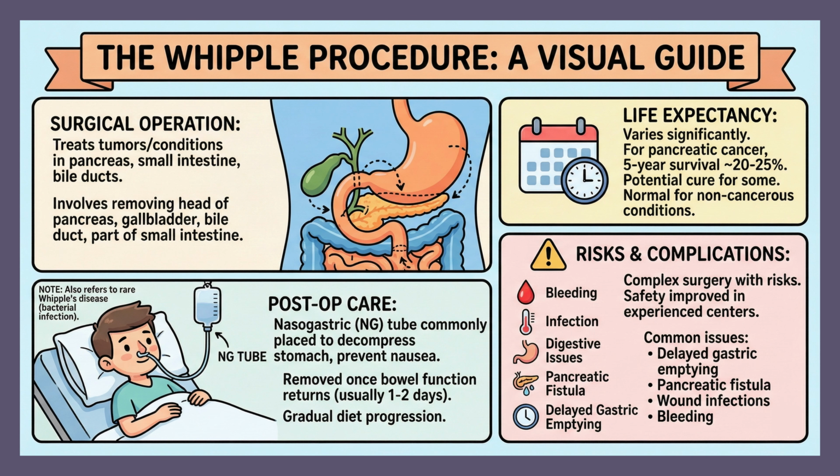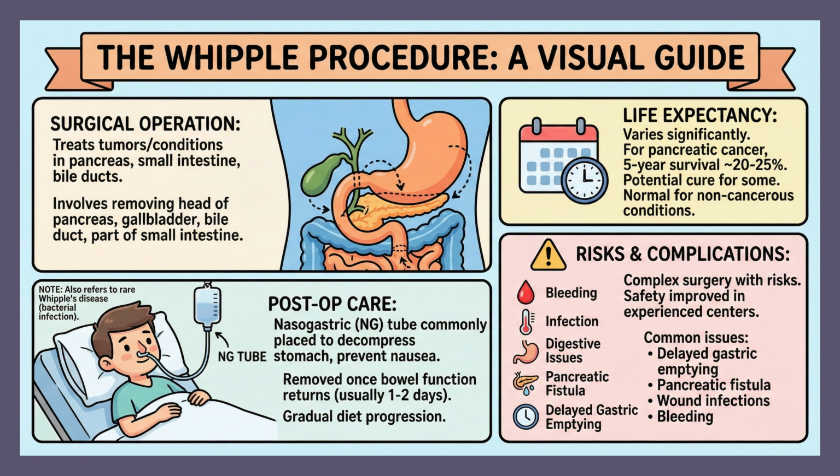What is the Whipple procedure? The Whipple procedure is an operation to treat tumors and other conditions in the pancreas, small intestine, and bile ducts. If you or someone you know has been diagnosed with pancreatic cancer, you may have heard of the Whipple procedure.